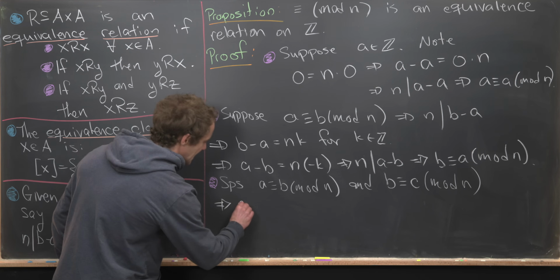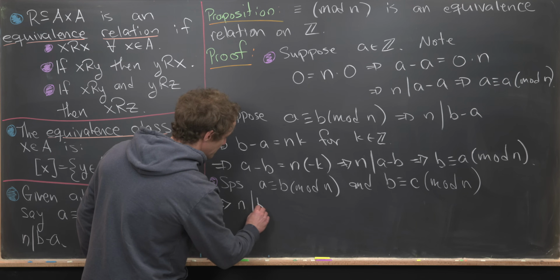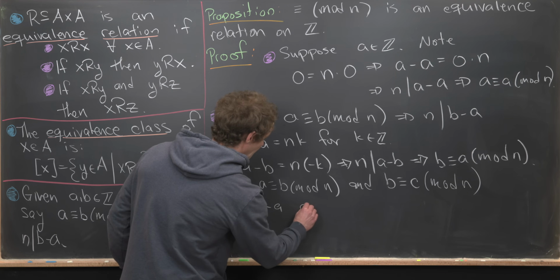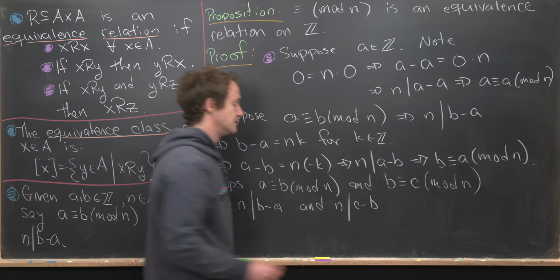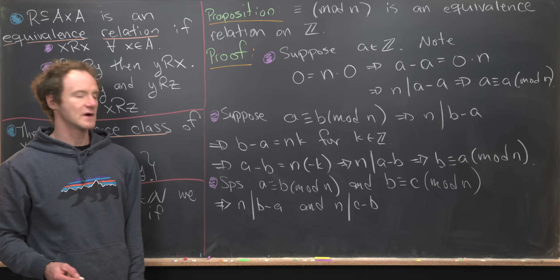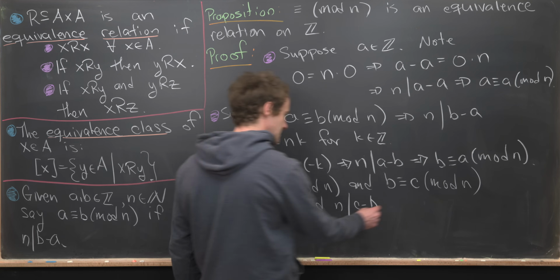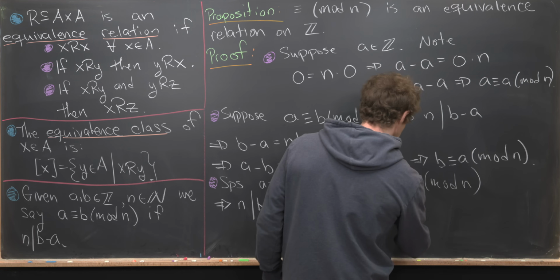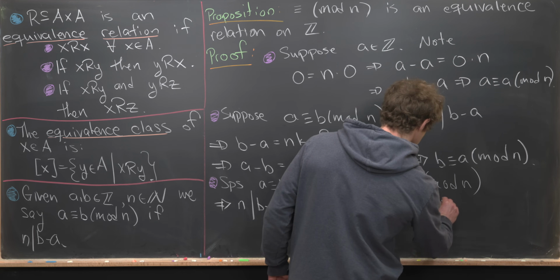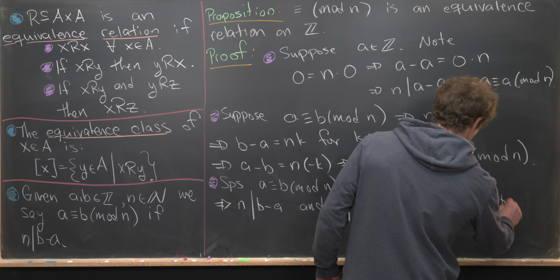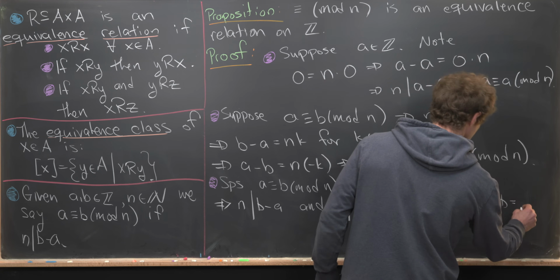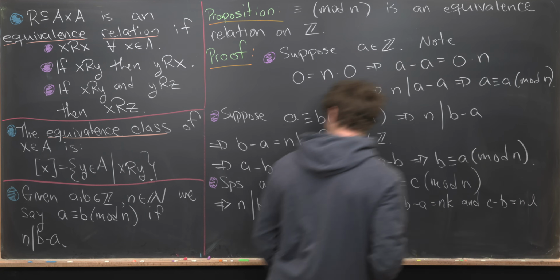So this tells us that n divides b minus a and n divides c minus b. But now we can put those in terms of a multiplication statement. So this tells us that b minus a equals n times k, and c minus b is equal to, maybe we'll call it, n times l.